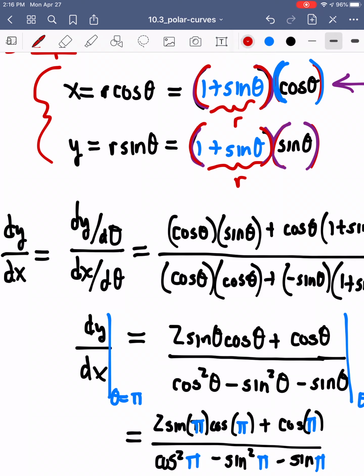And well, sine of pi is equal to 0. So a lot of terms just become 0 here.